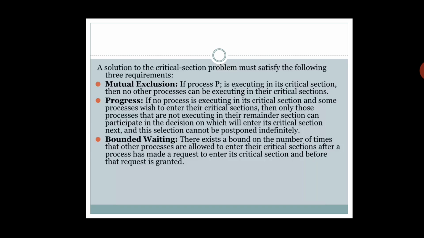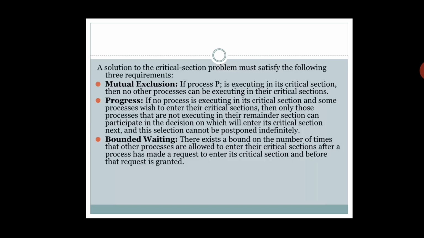The third one is bounded waiting. There exists a bound on the number of times that other processes are allowed to enter their critical sections after a process has made a request to enter its critical section, and before that request is granted.